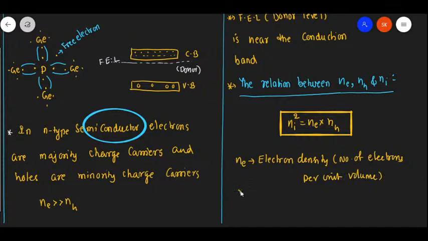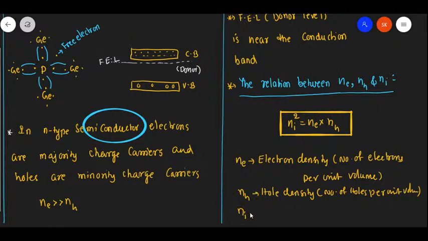What is Nh? Hole density or hole concentration, the number of holes per unit volume.